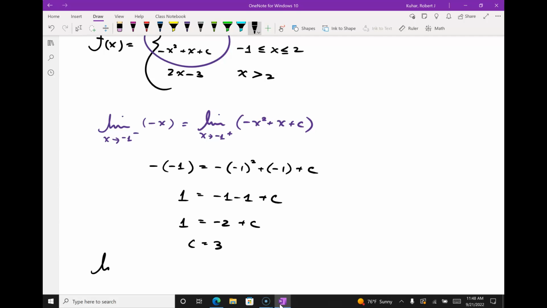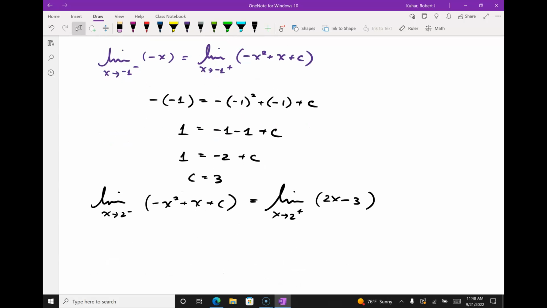What should I check, though? I should check the limit as x goes to 2 from the left. Which function is that? Good, -x² plus x plus c, right? And I should make sure that equals the limit as x goes to 2 from the right. Which function is that? 2x minus 3, good. And what am I supposed to do to both of those limits?